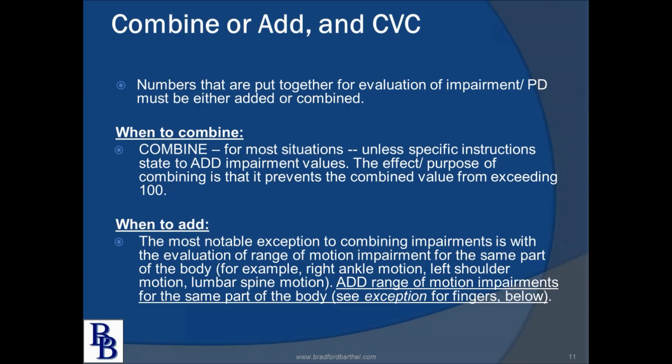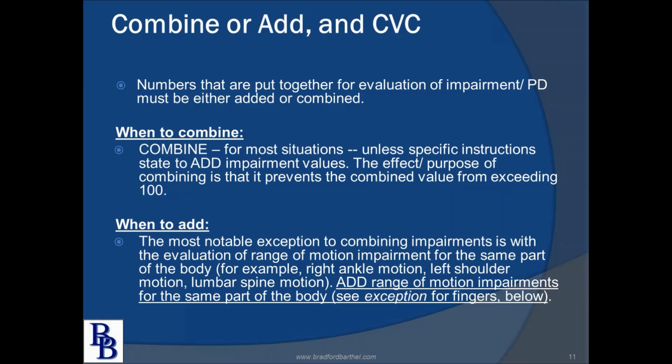So we add range of motion impairments for the same part of the body, but there's a very notable exception, and that's when you're dealing with the fingers of one hand. Rating the fingers of one hand is pretty complex.